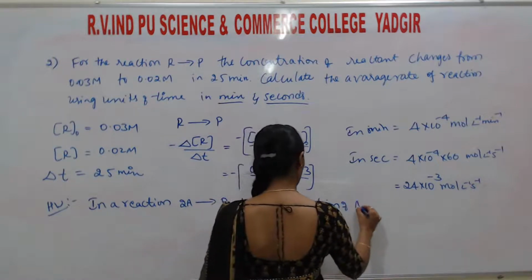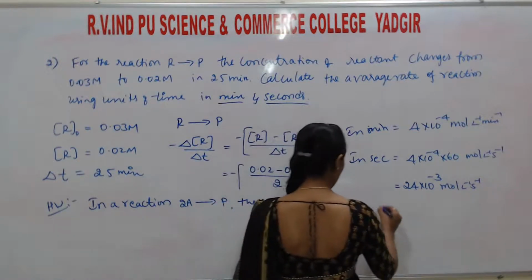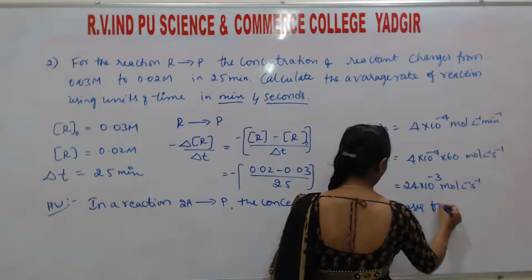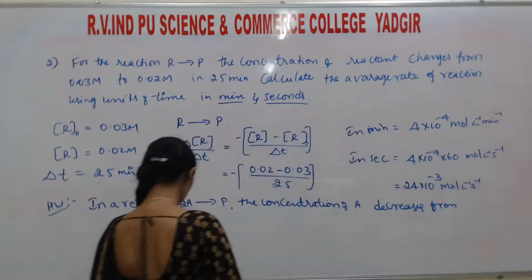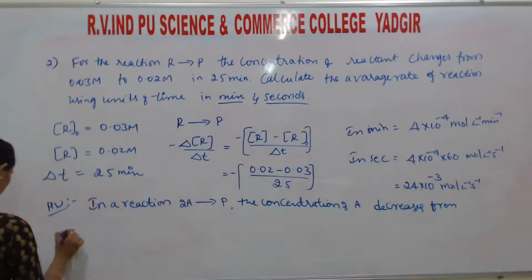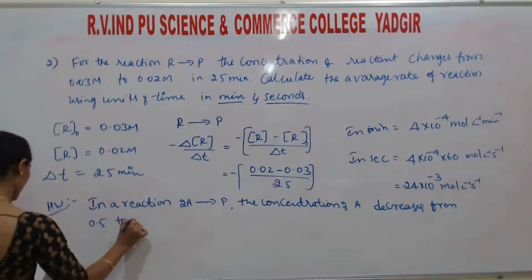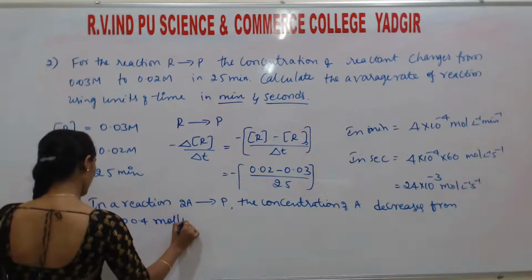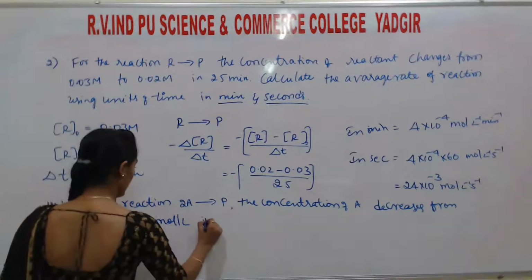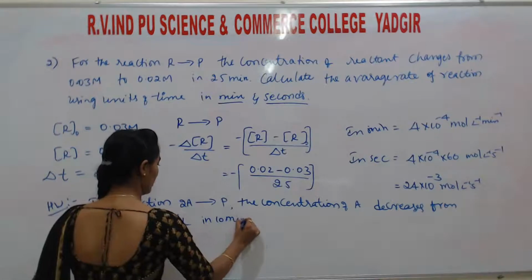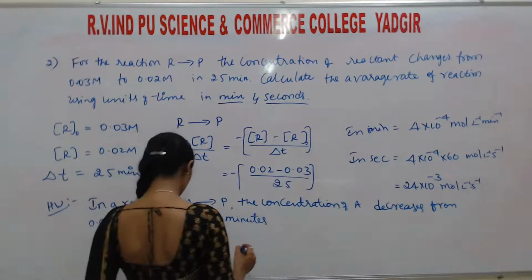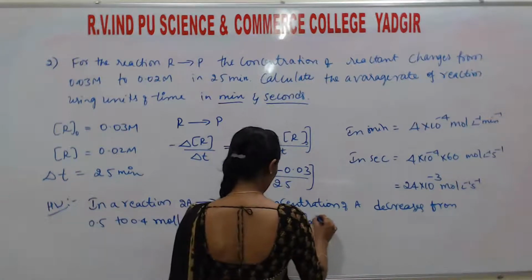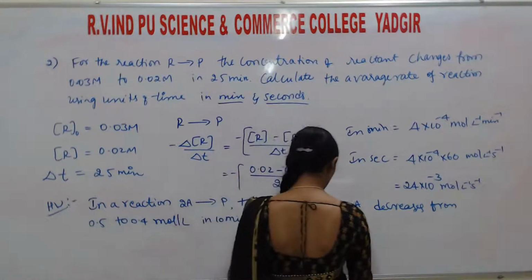The concentration of A decreases from 0.5 to 0.4 mole per liter in 10 minutes. Calculate the rate.